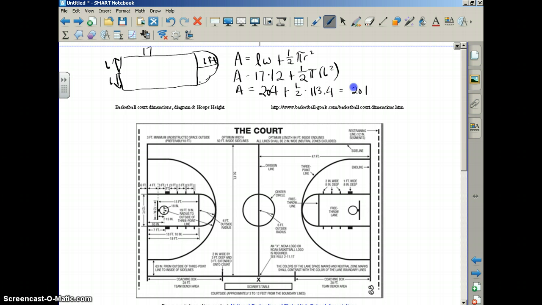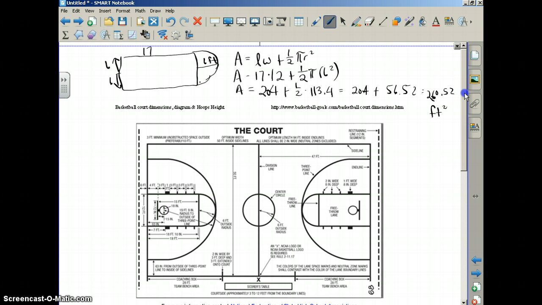So 204, that's a 4, plus 113.4 divided by 2 is 56.52. So you add that up for a total of, I'm going to start out here with the decimal place, 0.52, 260.52, and we look at our units. These are all in feet, so our units are in feet squared.